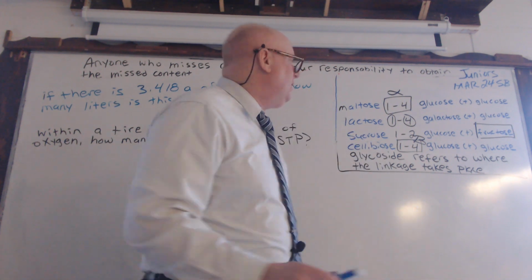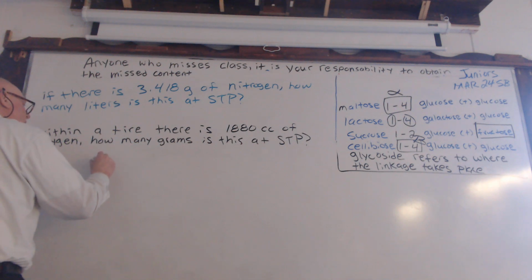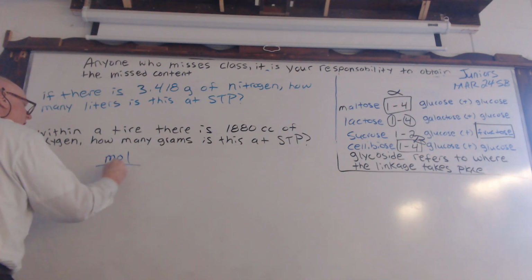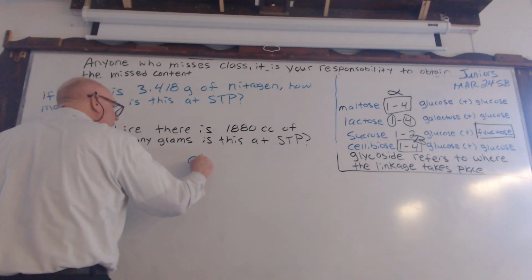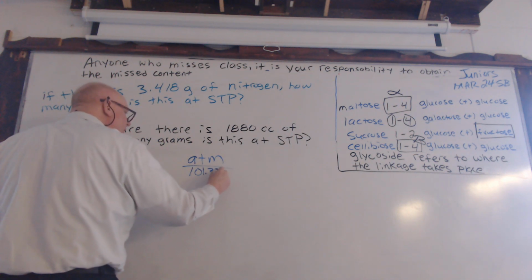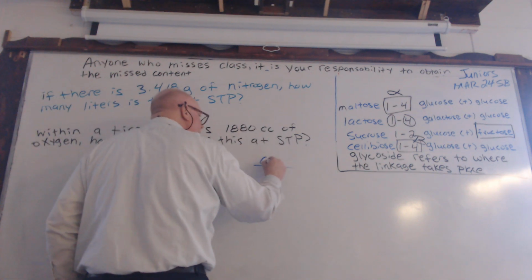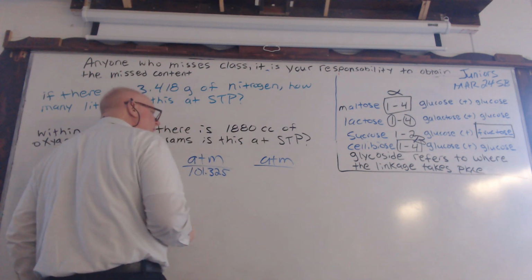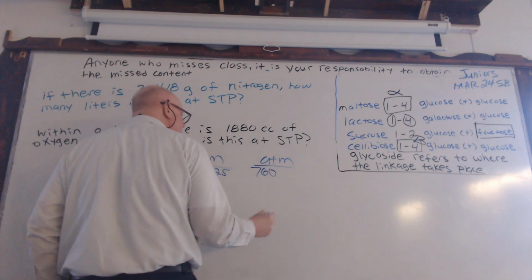So what that means, that is your conversion factor. In other words, for every mole, you have 22.4 liters. Why do we say that's a conversion factor? We've been using those. You have this one. That was a conversion factor. What was another one we did? 700.